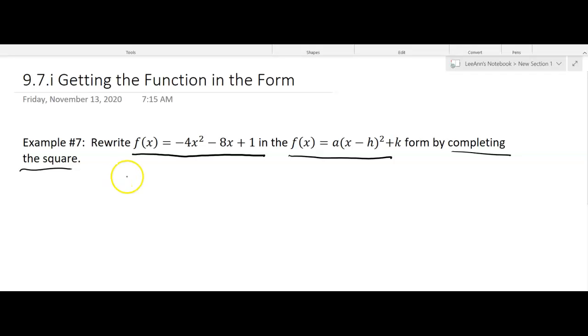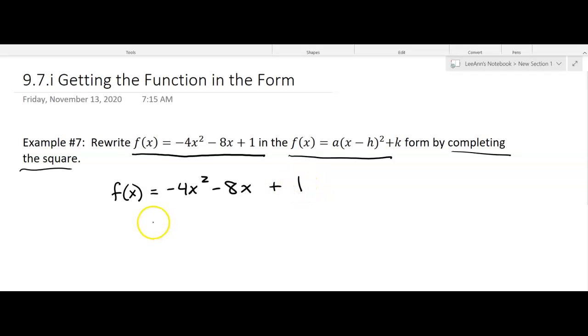Okay. So because we don't have an equation that equals a value, we have a function, we're going to rewrite it. f of x equals negative 4x squared minus 8x plus 1.